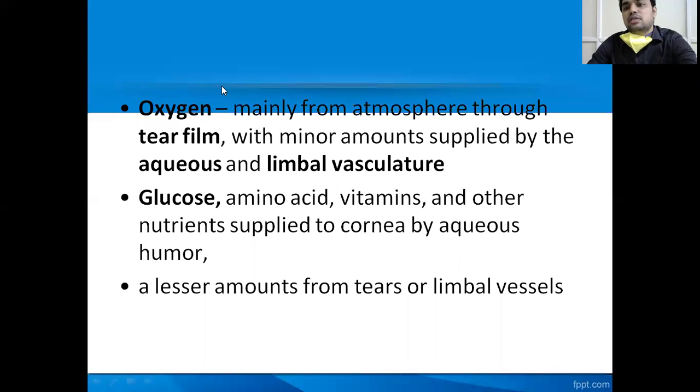So basically, oxygen is mainly supplied from the outside atmosphere through the tear film. And glucose, amino acids, vitamins, all the nutrients are supplied to the cornea mainly by the aqueous humor, and lesser amounts by tears and limbal vessels. So this is the reverse: the oxygen is mainly from the tear film and glucose is mainly from the aqueous.